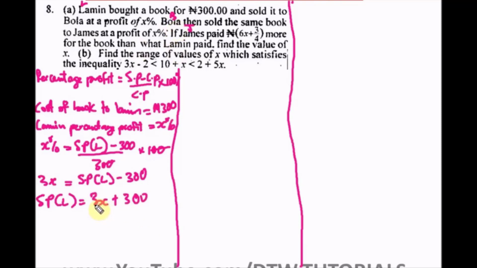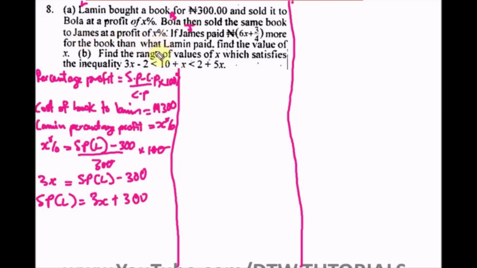Are you following me? Follow me closely. Lamin sold this to Bola, which we did at a profit of x percent, which we've put into our equation. So this is the selling price of Lamin to Bola. So it means Bola bought this book at 3x plus 300.